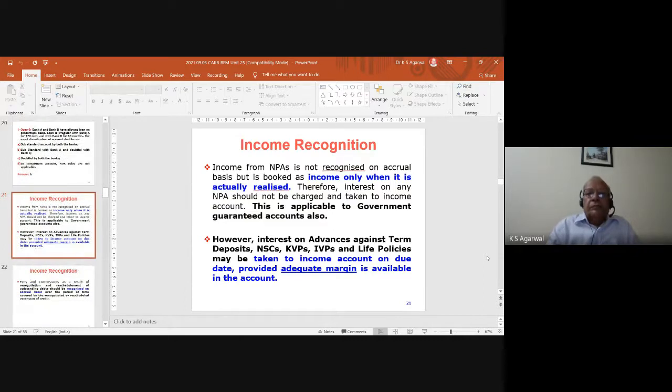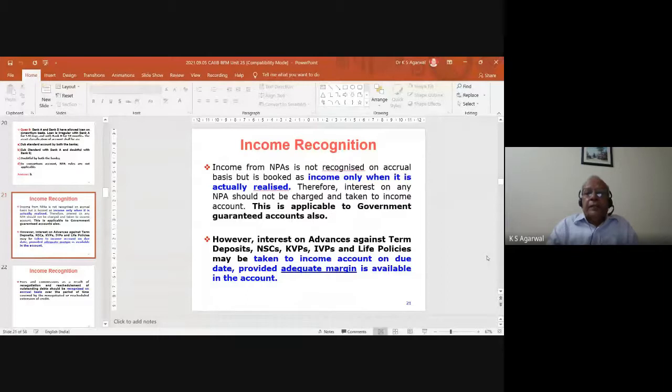Income recognition. Whenever an account becomes NPA, we stop application of further interest. And in future, income will be recognized only when it is actually realized.